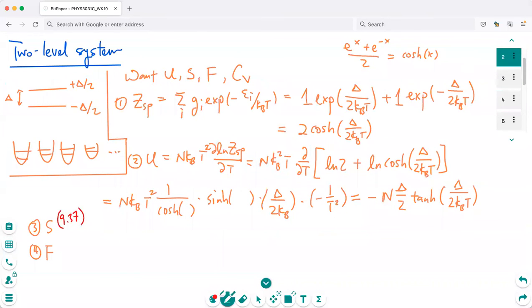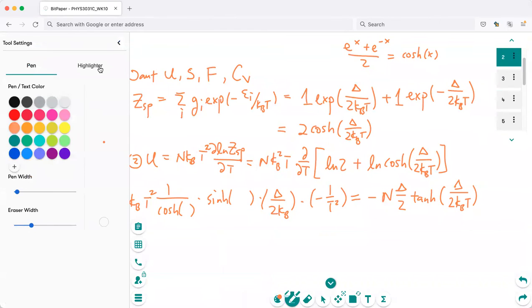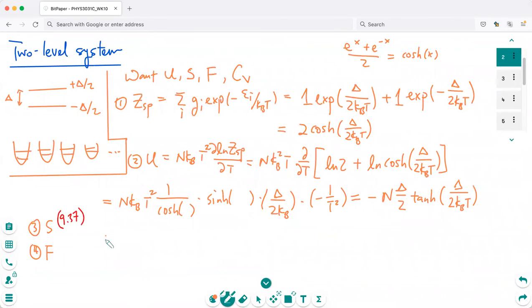All right, so I will only write down the next line, and that is the number 5. This is C sub V. So this is simply taking the temperature derivative of the internal energy. And again, I don't want to do it again. It's really mechanical. If you are careful, you can do it.